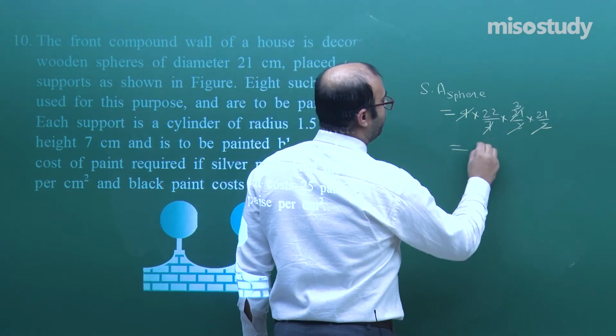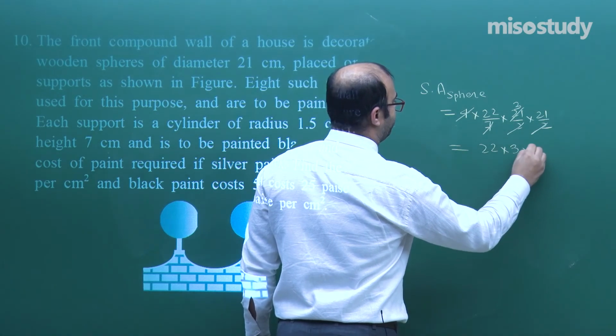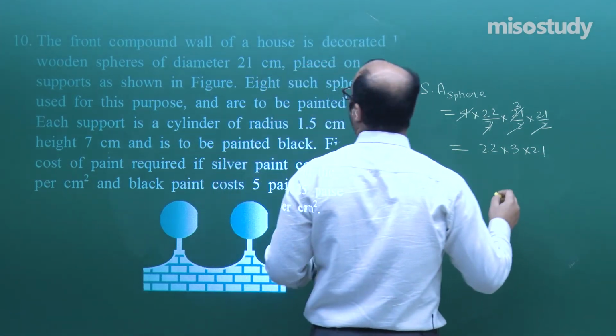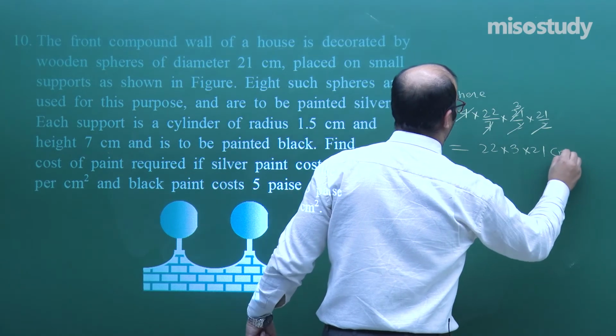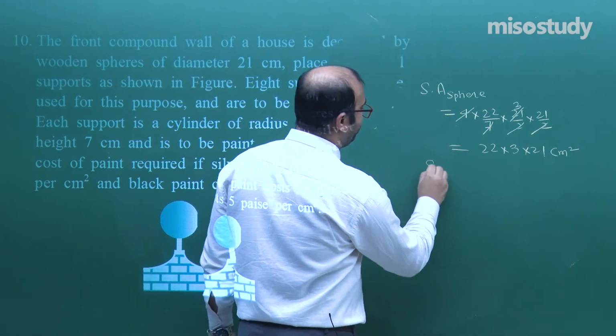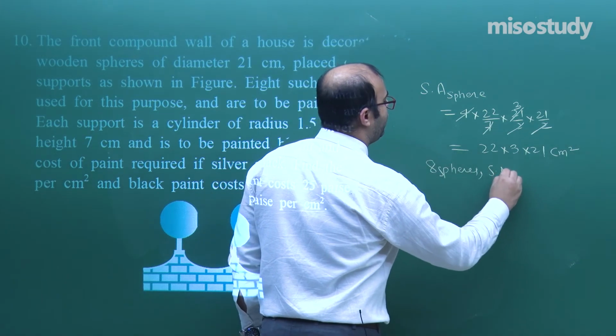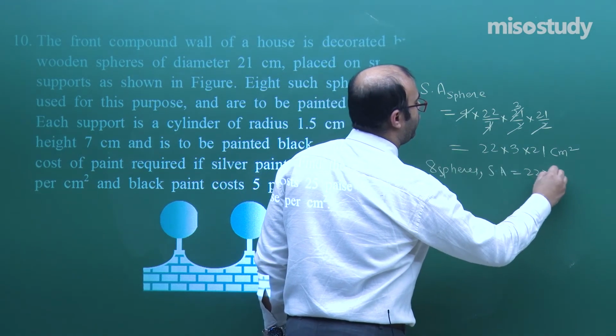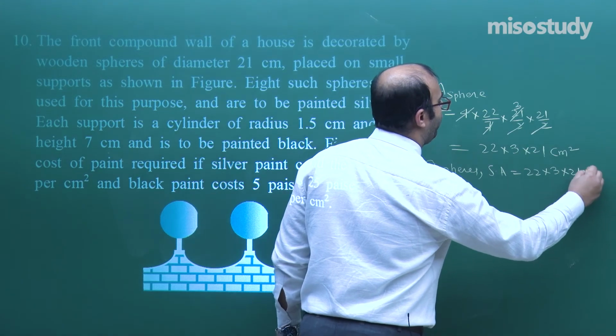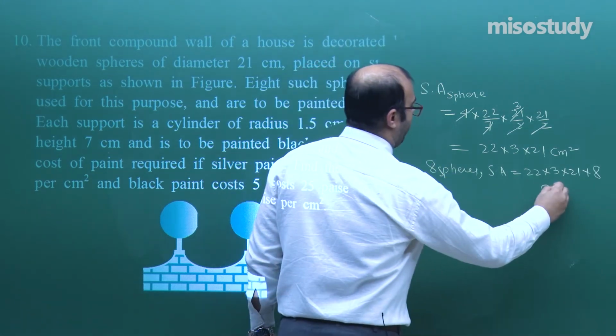So, 22 into 3 into 21, this is the area in centimeter square. Now, if there are 8 spheres, what is the surface area, student? We will multiply with 8, 22 into 3 into 21 into 8 centimeter square.